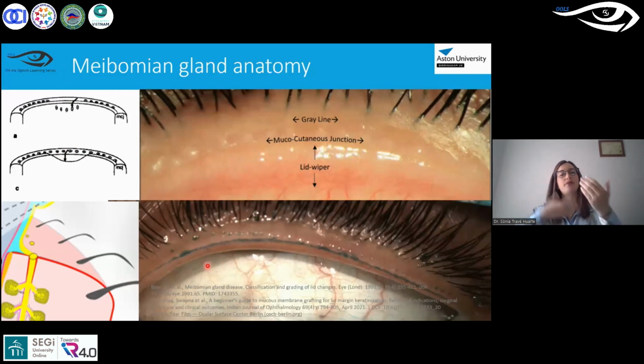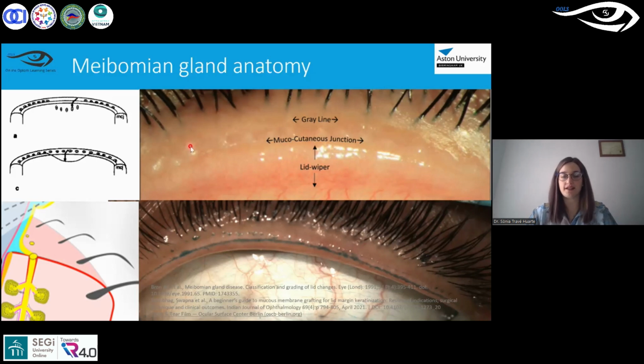And that is the line that separates those two tissues, the more cornified tissue at the top and the more mucous tissue at the bottom. So that showcases this line over here, the MCJ line. And that's what can show afterwards if there's any lid wiper epitheliopathy, but that's on the more anterior parts, towards the eye. What we're looking at today is from that line onwards.